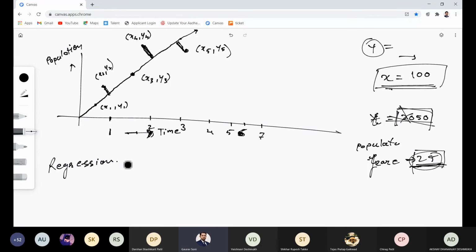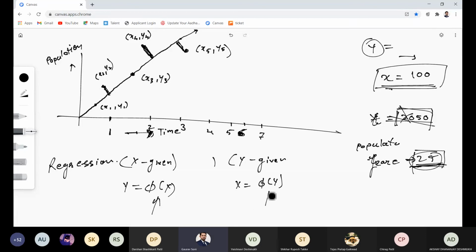As we have studied two cases, when x is given and when y is given. In mathematical terms, if x is given to you, then I will need y as a function of x, so that I can put the value of x and get y. If y is given, I need x as a function of y, so that I can put the value of y and get the value of x.